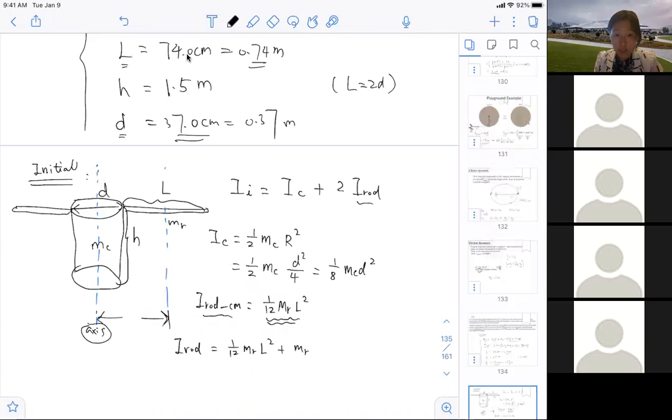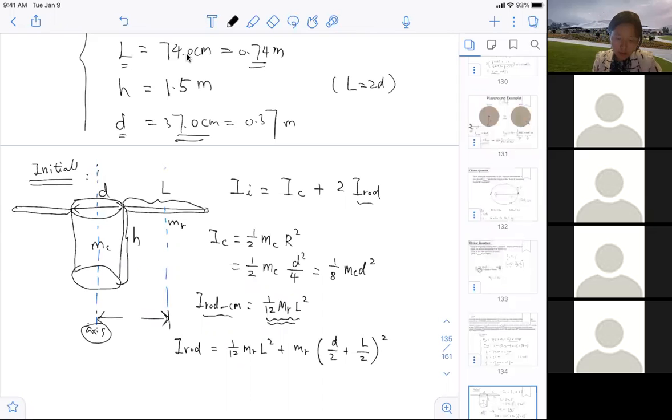And what is that distance? You can see that it is half of the length of your rod plus half of your diameter. That is d over 2 plus L over 2, squared.